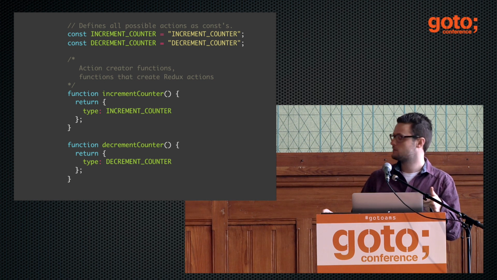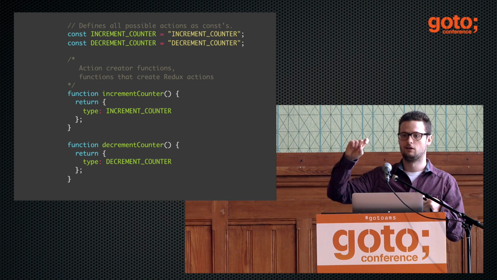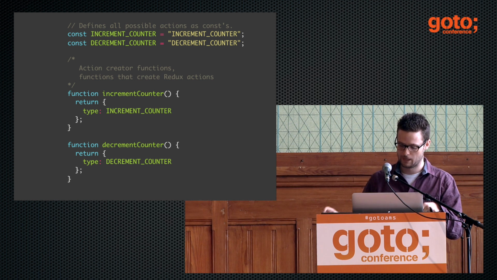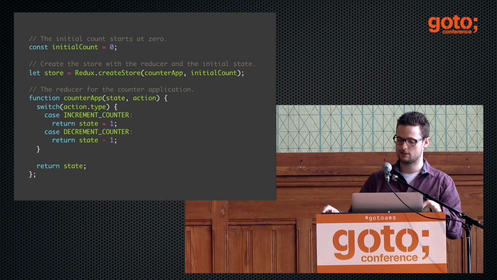And an action is always an object which has a type property. And the type property identifies the action. So in this case, whenever we call the increment counter function, we get a simple object back saying which type of action it is.